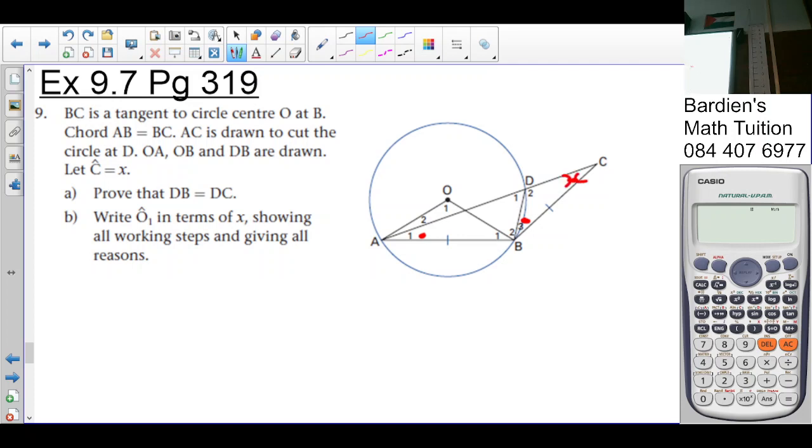Angle C is equal to X. Prove that BD is equal to DC. If those lines were equal, then B3 would have been equal to angle C. Not so. But to prove that the lines are equal, we now prove that B3 is equal to angle C. And there is already evident that it will be. Can you see that, people?